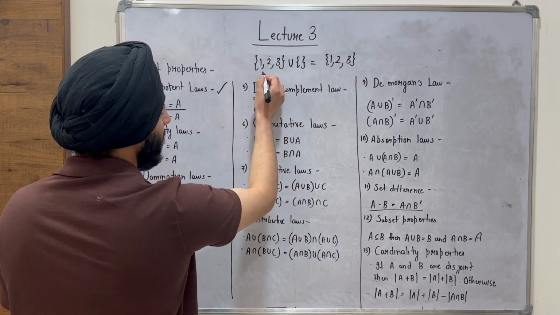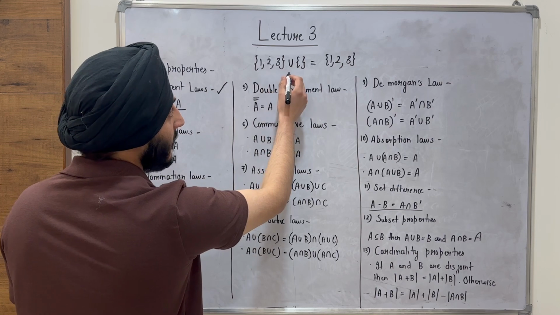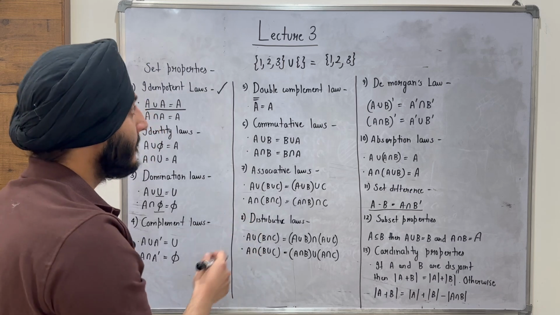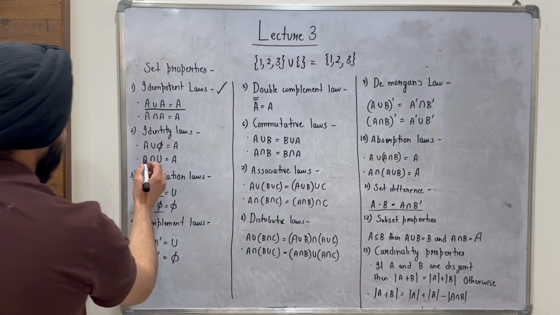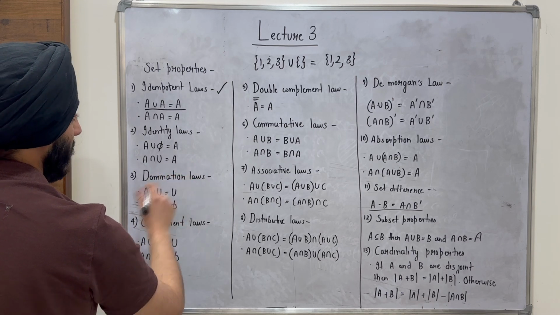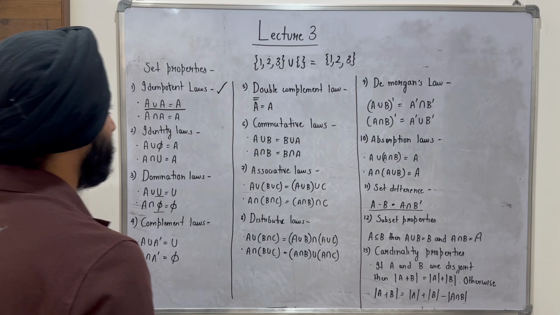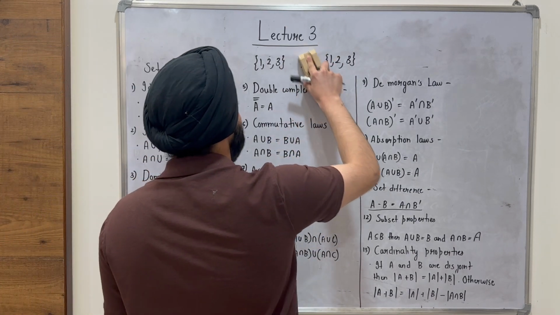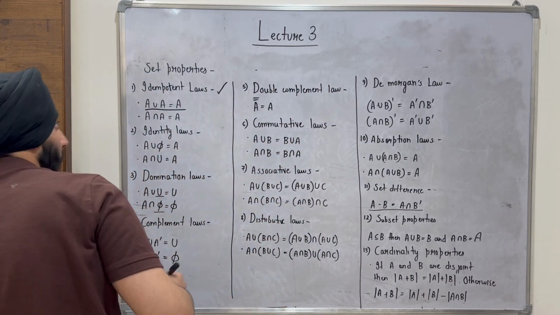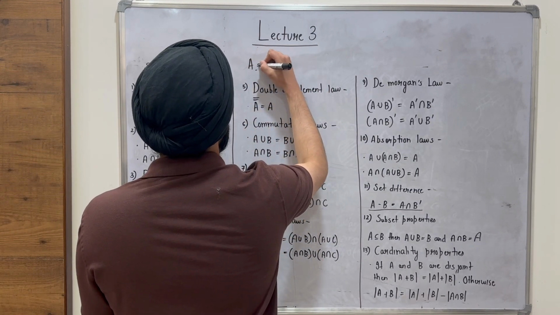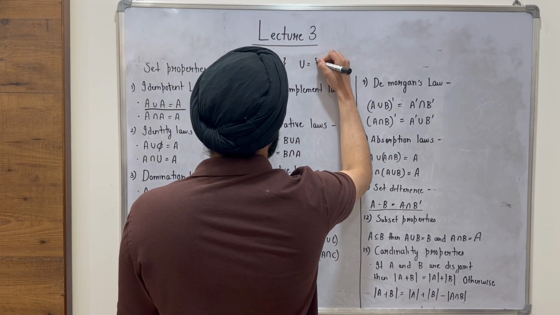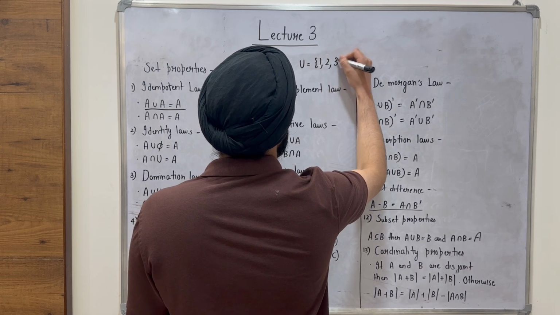So if you think about it, this set maintained its identity when it was unioned with the empty set over here. I hope that makes sense, right? Okay. Now, if you take A intersection the universal set, it results in A once again. So let's try to solve this once again. Let's say A is equal to 1, 2, and the universal set is equal to 1, 2, 3.